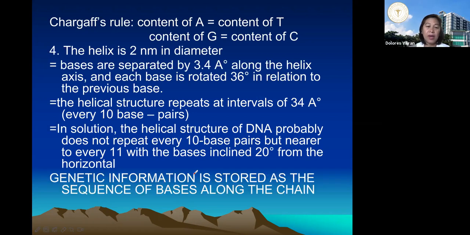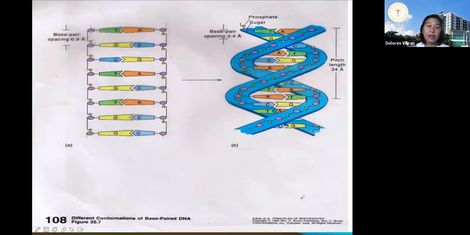So again, the function of the DNA molecule is the storage of genetic information. How do you store the genetic information? A sequence of bases along the chain. So it will be the sequence of the 4 nucleotides. For example, here on one strand, you have T, G, C, T, G, T, G, and G. You can predict the sequence on the other strand.